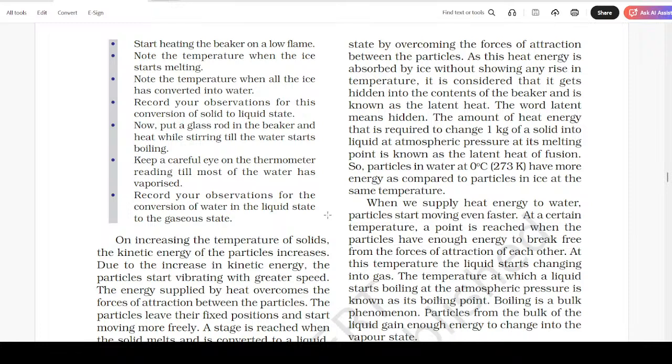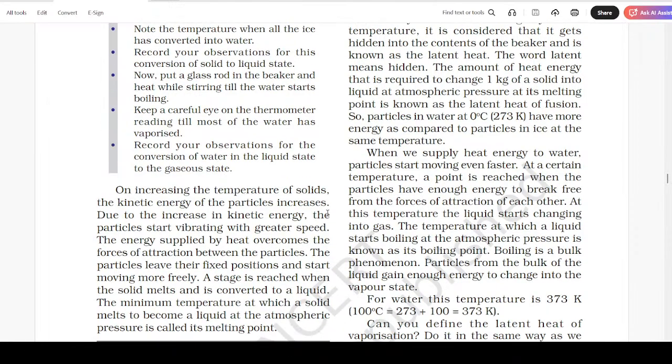Record your observations for this conversion of solid to liquid state. Now put a small rod in the beaker and heat while stirring till the water starts boiling. Keep a careful eye on the thermometer reading till most of the water has vaporized. Record your observation for the conversion of water in the liquid state to the gaseous state.